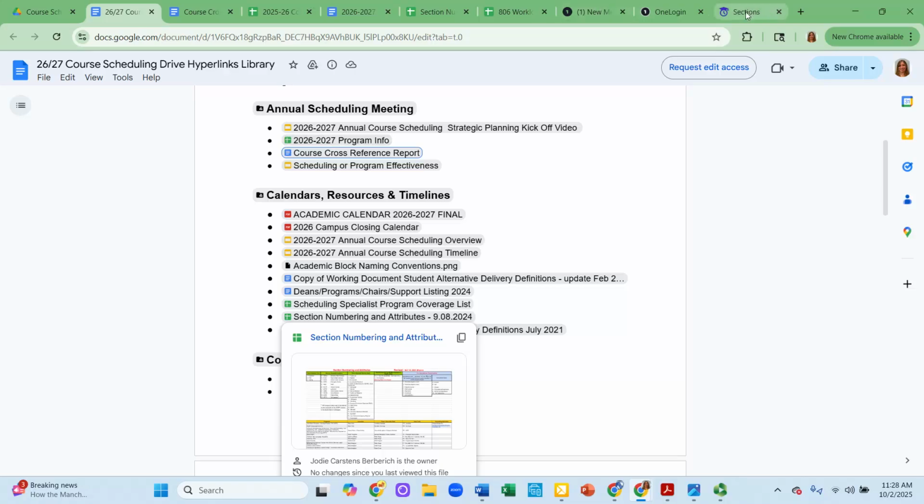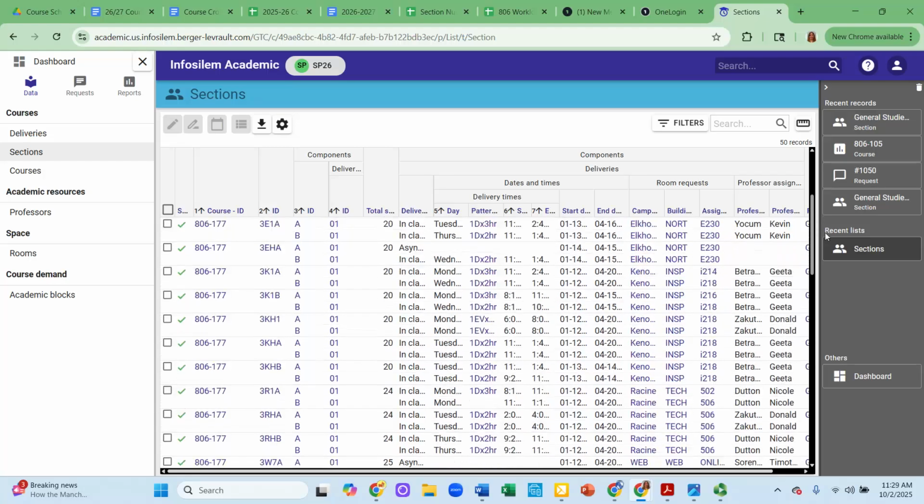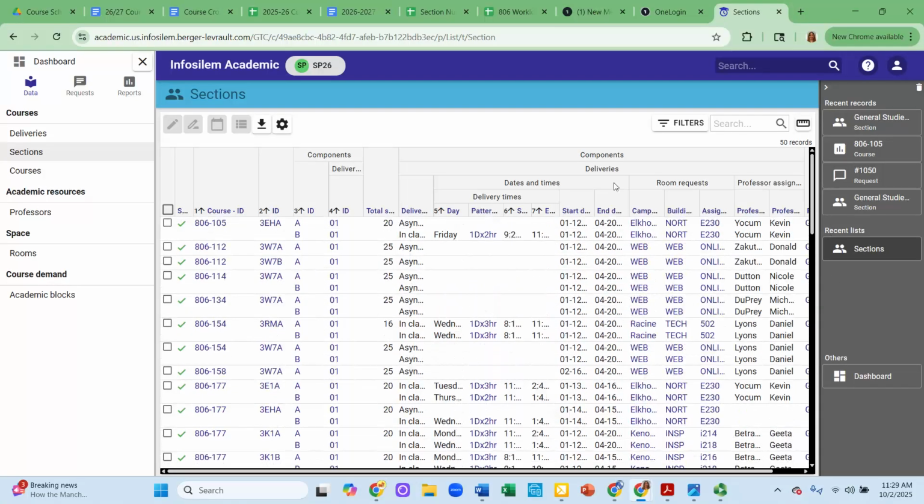Once I'm in InfoSilum, and I go through here and I mark any of the sections that need to be deleted, change any of the sections that I need to change, the last thing that I do is a final review. So for this final review, I make sure that the class capacity is correct for the room. So for example, in Elkhorn, I have a capacity of 20.